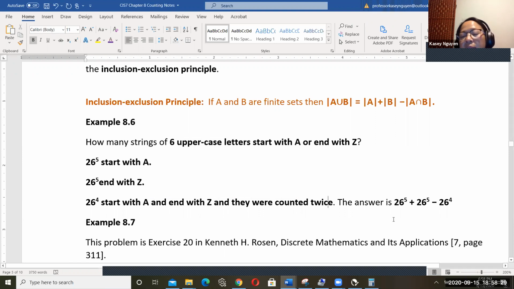So technically, the easier way to do this is we start with everything, 26 to the 5th for A, 26 to the 5th for Z, add those together, then we subtract 26 to the 4th that starts with A and ends with Z to give us the right answer using the inclusion-exclusion principle.